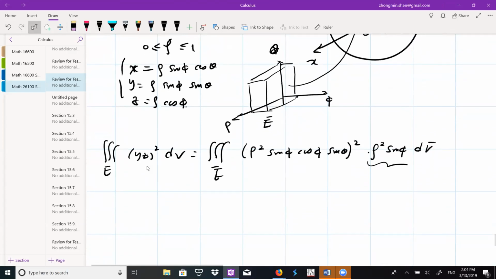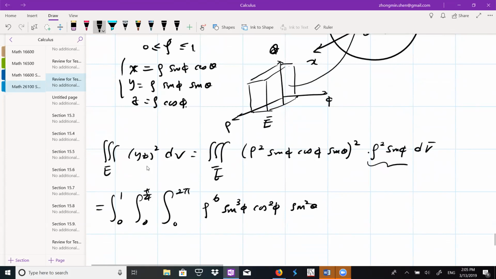You can express it from 0 to 1 with respect to rho, from 0 to pi over 4 for phi, and from 0 to 2 pi for theta. The integrand is rho to the power 6, sine cubed phi, cosine squared phi, and sine squared theta, with d phi, d theta, and d rho.